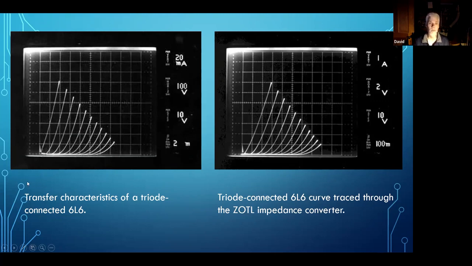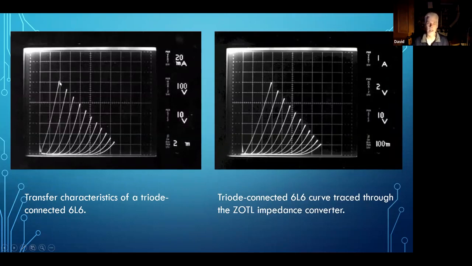So with a 6L6 in a triode configuration, if you look at this point up here where it's turned on as much as it's going to be, you see for this condition you get about 200 volts plate voltage, and the plate current's going to be about 140 milliamps at that point.